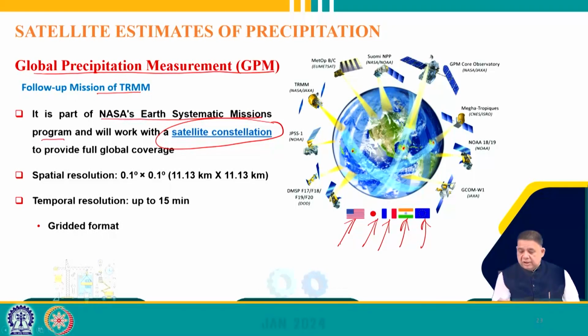Data is available at a spatial resolution of 0.1 degree by 0.1 degree, and the temporal resolution has been brought down from 3 hours in TRMM to 15 minutes, and this also provides data in grid format.